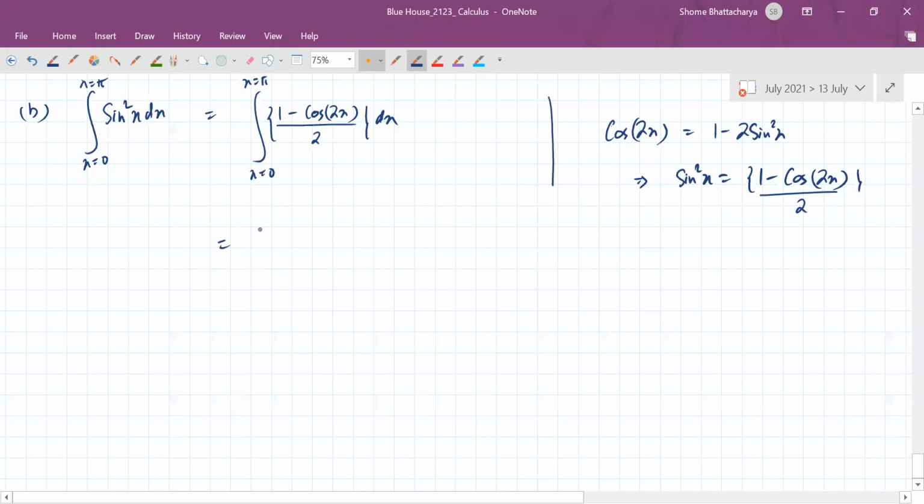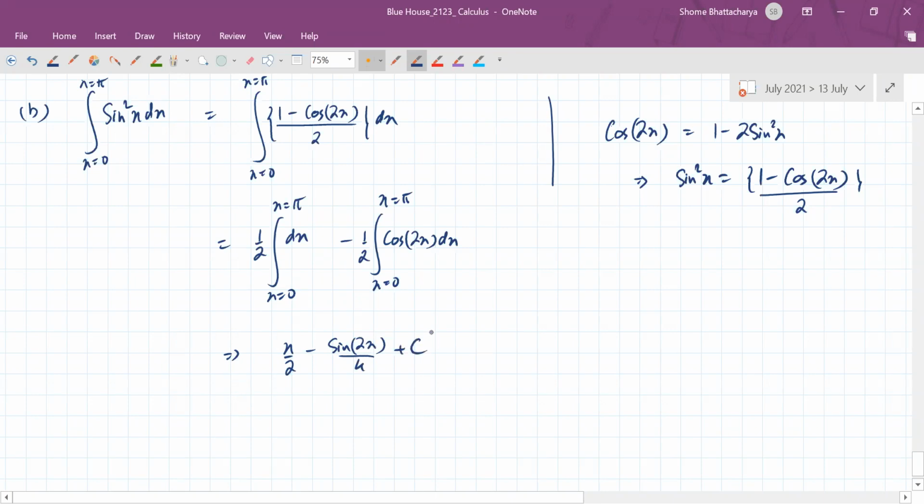Now break it into the two integrals. So this is the antiderivative, and on this we'll put the limits 0 to pi.